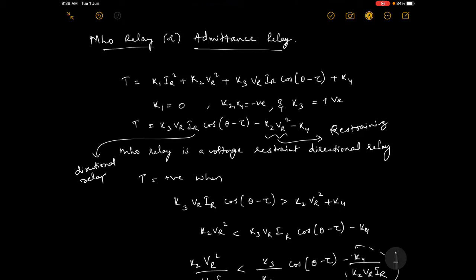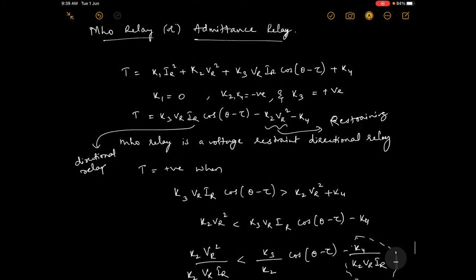Since we have made K3 positive, K4 negative, and K2 negative, and there is no K1 term since we have made it zero, this is our directional relay, with an operating torque and a restraining torque.